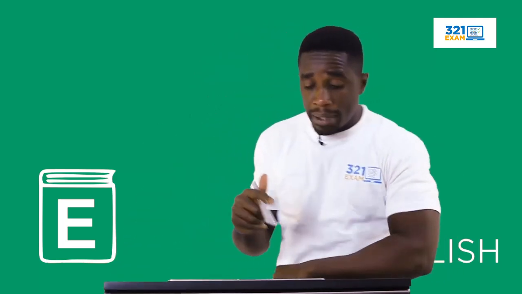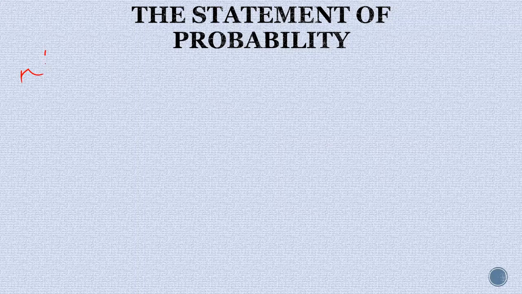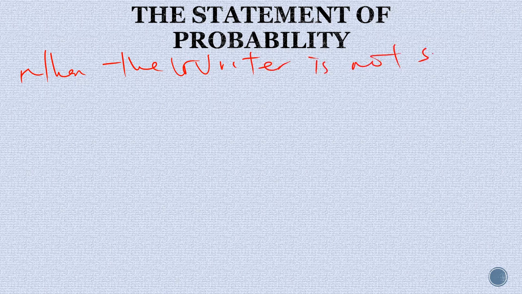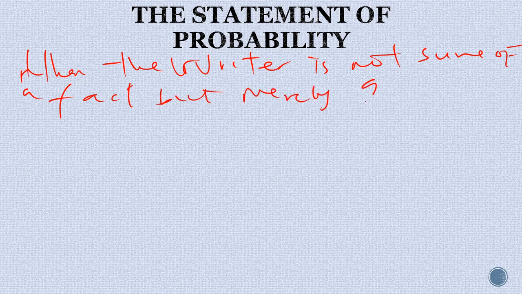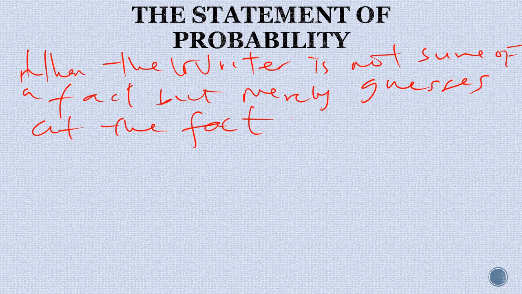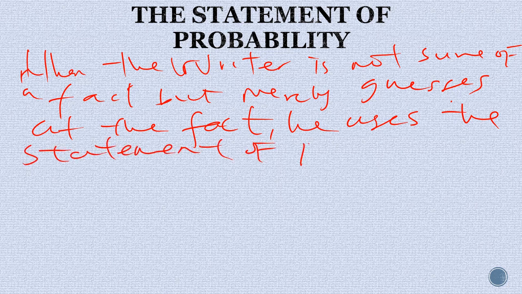So under the statement of probability, the writer is not sure. So when the writer is not sure of a fact, but merely guesses at the fact, he uses the statement of probability.